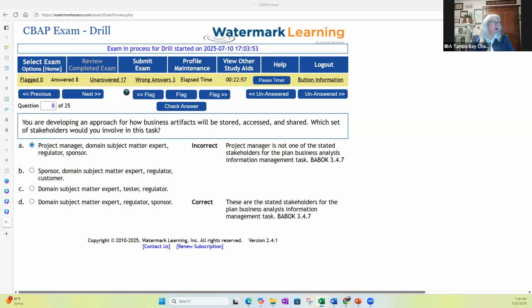So, plan business analysis information management has no project manager. It does have the domain SME, the regulator, and the sponsor. Let's talk about what this task is actually doing though: how information will be stored, accessed, and shared.